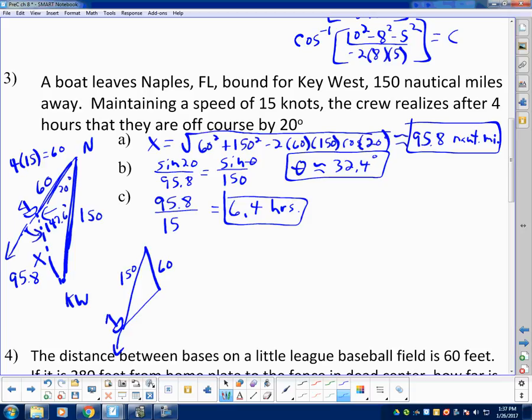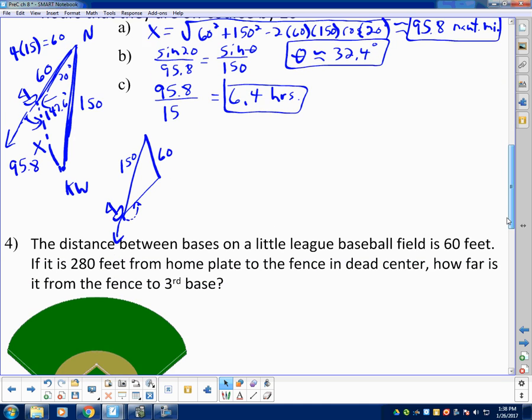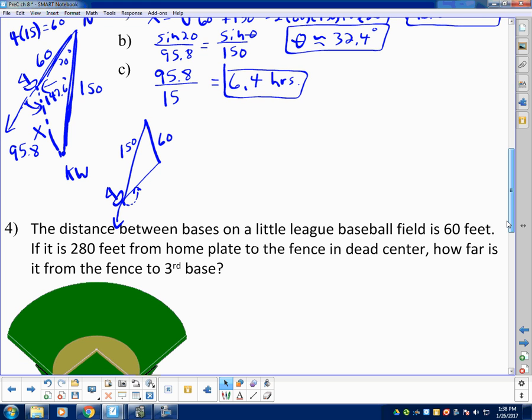You'd have to turn through this obtuse angle, this angle that's more than 90 degrees for sure, but we have to turn through that supplement of the 32.4 if that were the case. So just pay attention to the picture, what's happening on there, and make sure to get the right angle there, just because of the ambiguity that comes with using law of sines with finding the angle.